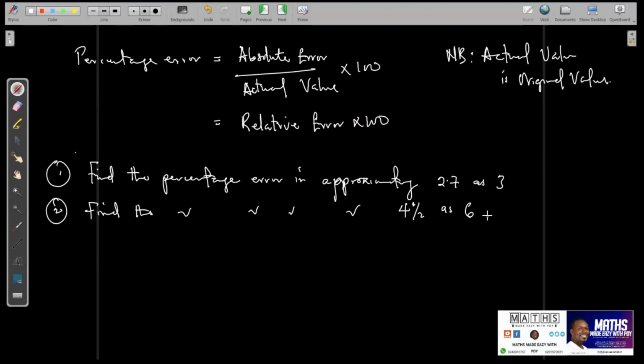They don't leave it to 1 decimal place or a whole number, because it causes a lot of confusion. So find the percentage error in approximating 2.7 as 3 and also 4.5 as 6. Just tell us the percentage error.